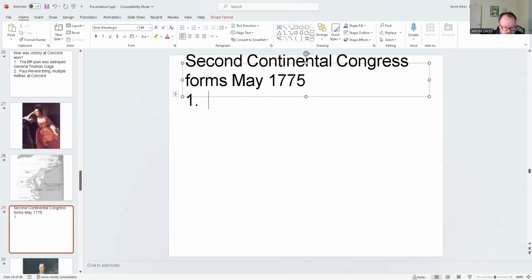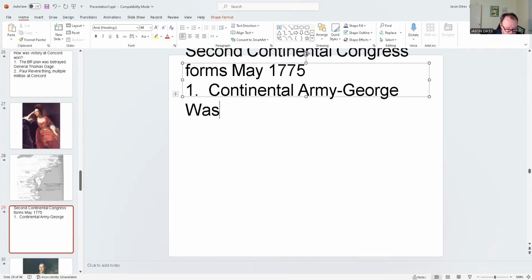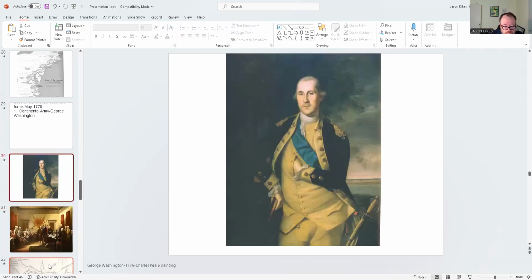First is to put together an army. There's a lot of militia groups that are sort of making their way to Boston, but Congress recognizes that needs to be centralized into a unified command, and that's going to be led by George Washington.